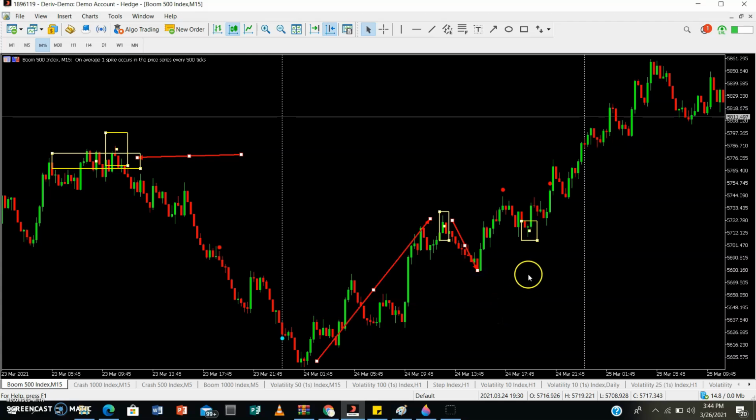Right here again, we have an important market structure. We have the hammer right here. And in conjunction with this hammer, you can take this as a whole and consider it a morning star. Why?